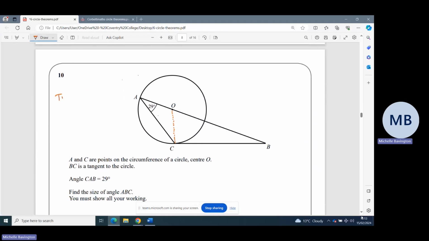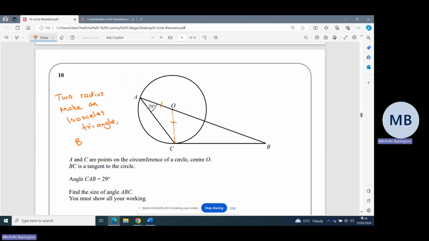I've got 2 radii now. 2 radii make an isosceles triangle.